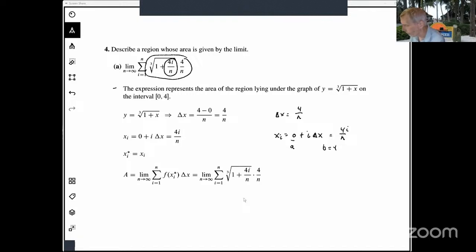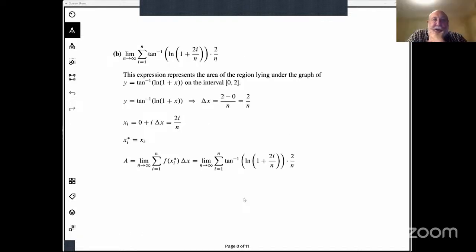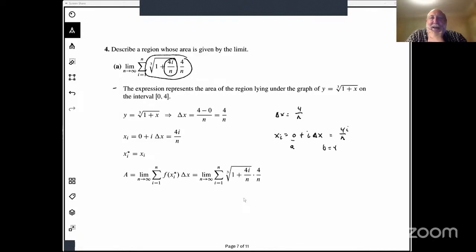Let's try one more. Say, Steve, would it be okay if I jumped in there on part? Sure, please. I don't have a technology thing to show, but I find this kind of fascinating. I actually came up with a different answer than you. The way I looked at it, I did see that delta x you were talking about. It looks like it's 4 over n. Which tells me my interval must be of length 4 because I've chopped it into n pieces, so 4 over n.